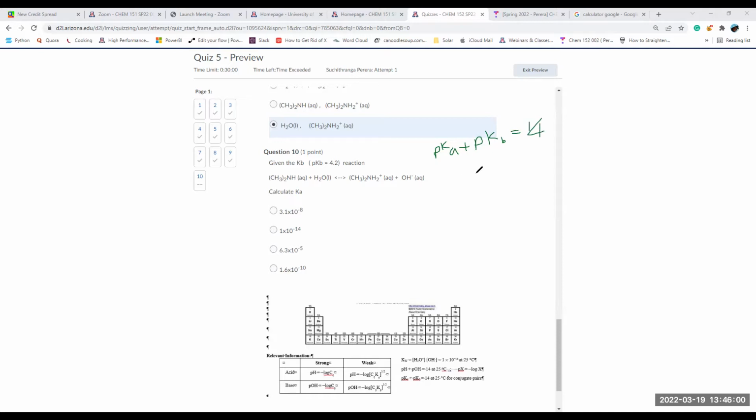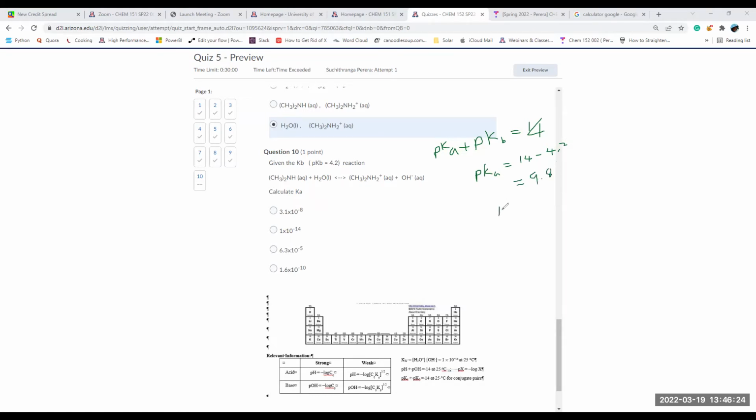Therefore, pKa must be 14 minus 4.2, which is 9.8.